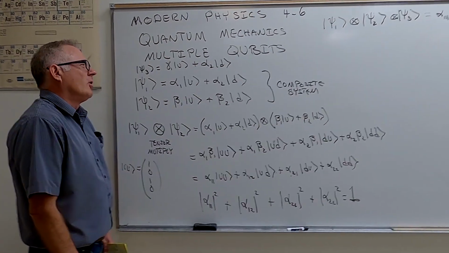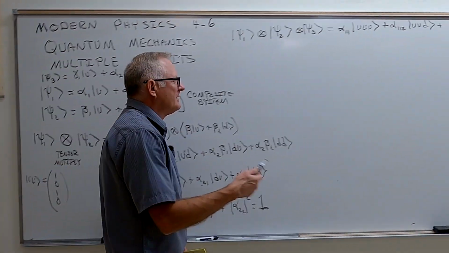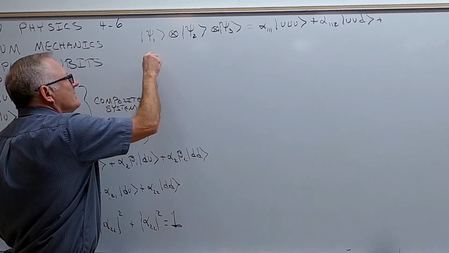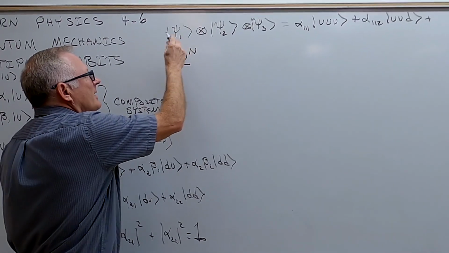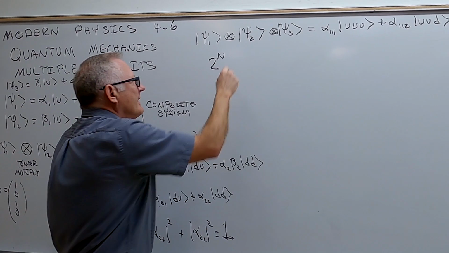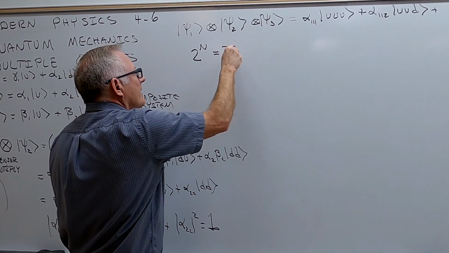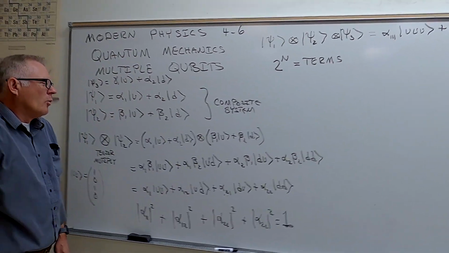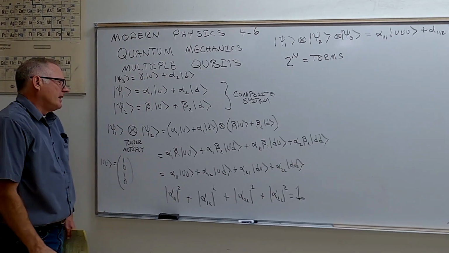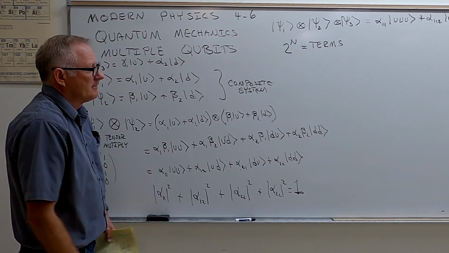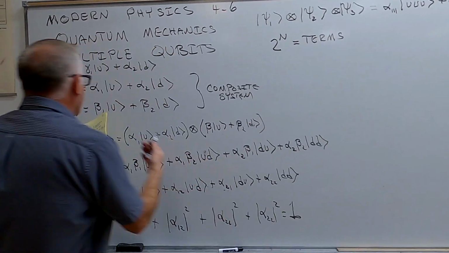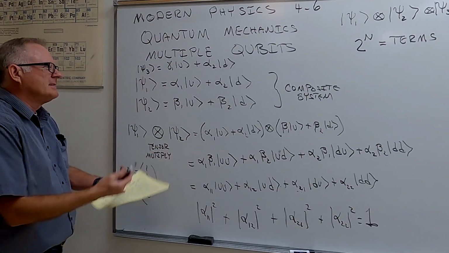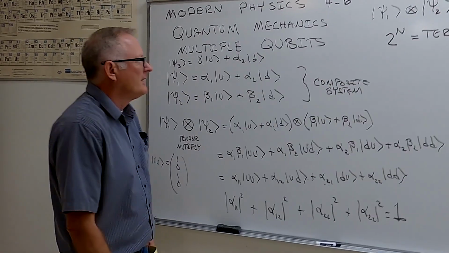Okay. So it looks like the number of terms that I get really goes as 2 to the n, where n is how many I'm multiplying. That's how many terms I get. So let's say you had 300 electrons put together, a big composite system of 300 electrons.